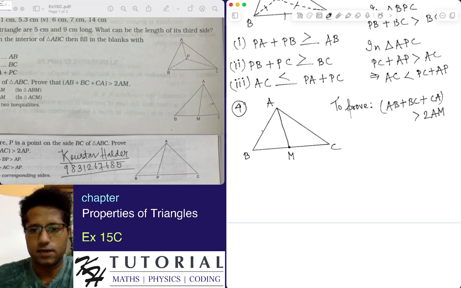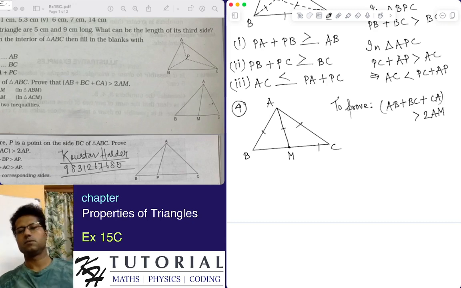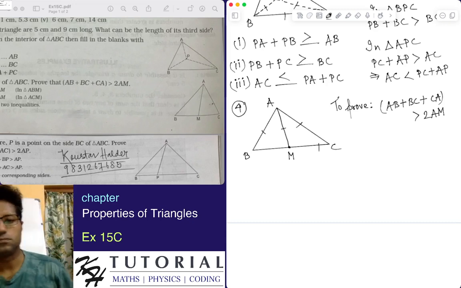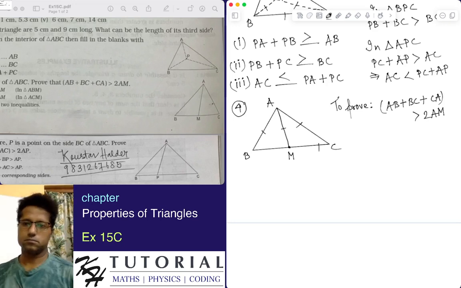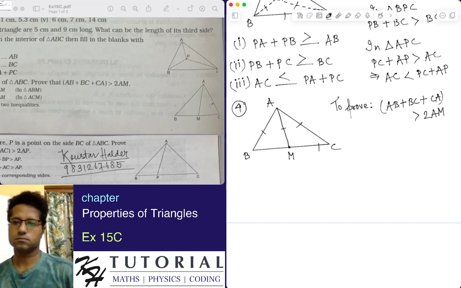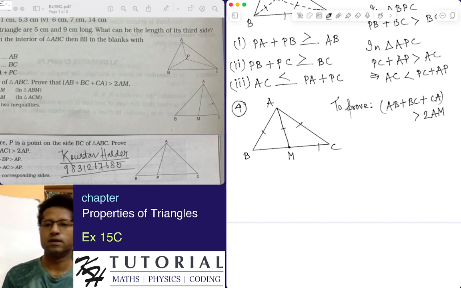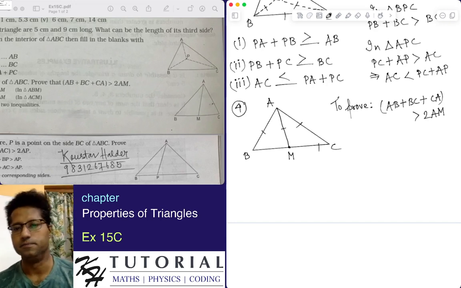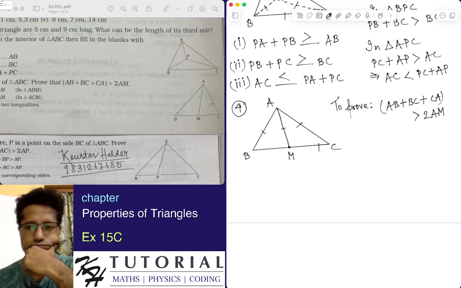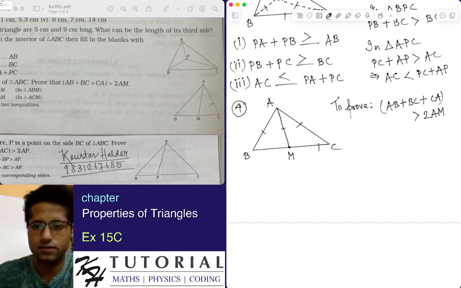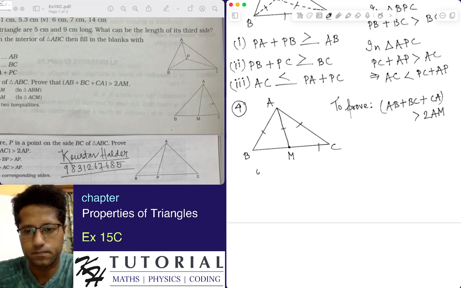So we have the sides AB, AM, AC and BC. Now what we can see is we have two triangles.